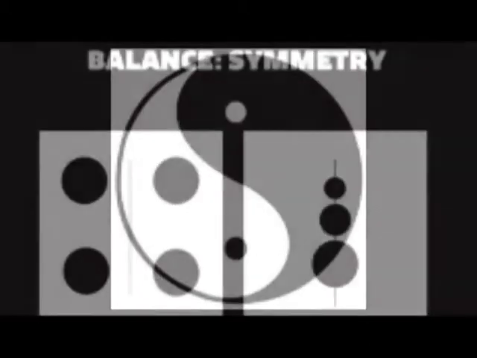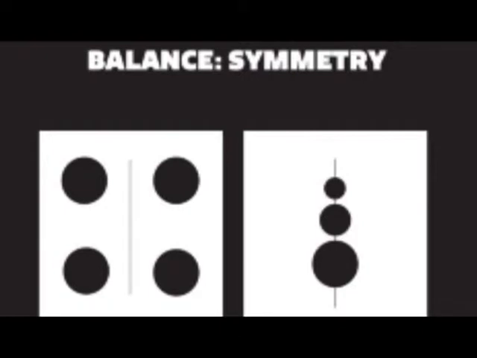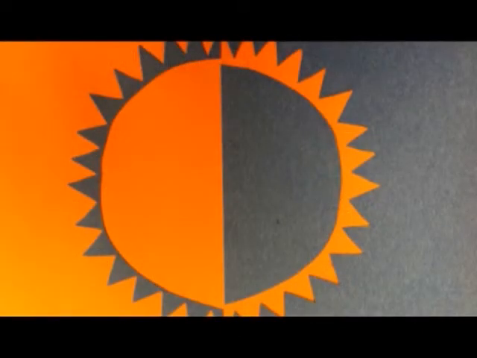Firstly, balance. Balance is the distribution of the visual weight of objects, colors, textures, and space. It is a psychological sense of equipoise. It positions and fixes the parts of a visual in an aesthetic, attractive arrangement.